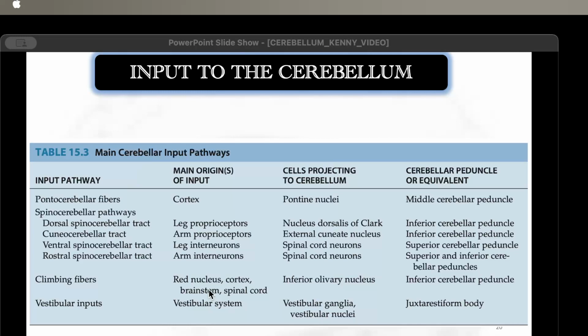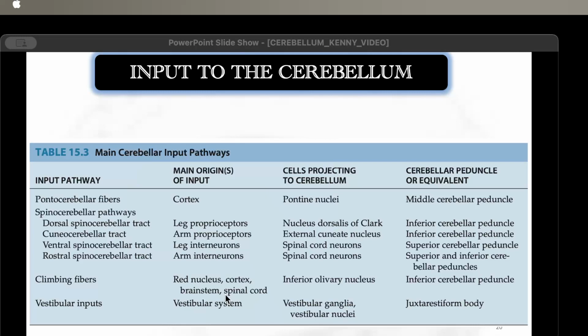So these are the main inputs to the cerebellum: the cortical input from the cerebral cortex, input from the spinal cord, input from the brainstem, where the red nucleus is also found, and input from the vestibular system.